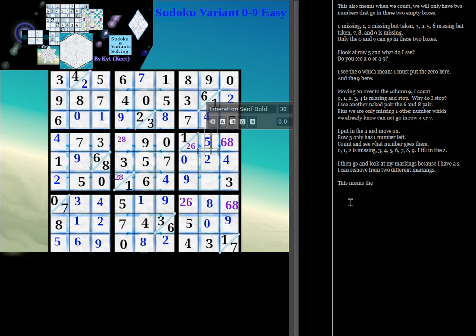This makes the row 7, column 8, take an 8, and because the 8 was put in, I could then remove the 8 from the markings in row 4. I then only had the 5 left to fill in.